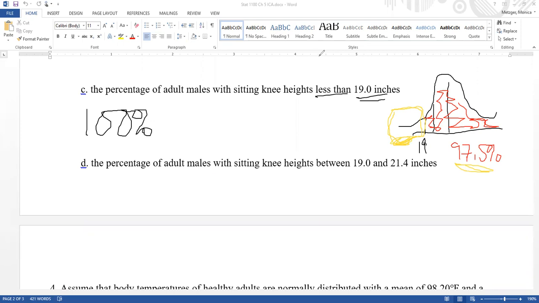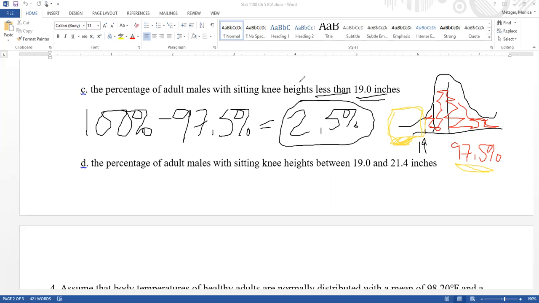So I can subtract the 97.5% here to find what's left. So right here is 2.5% of our data. And then to the right of 19 is 97.5% of our data.